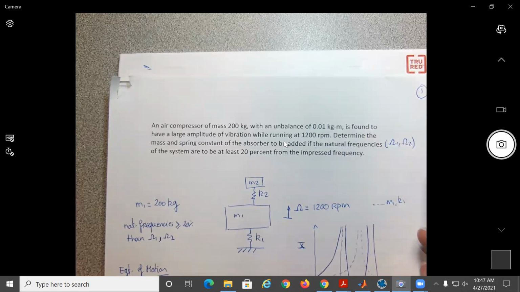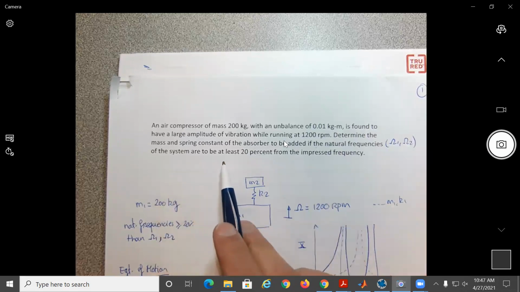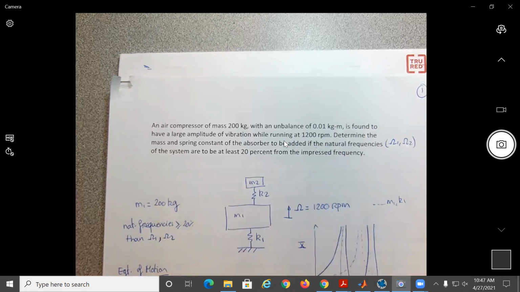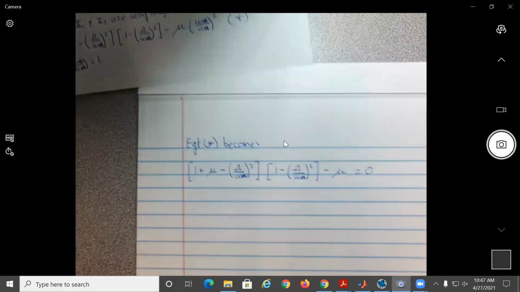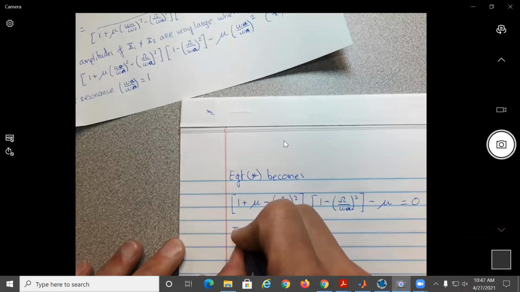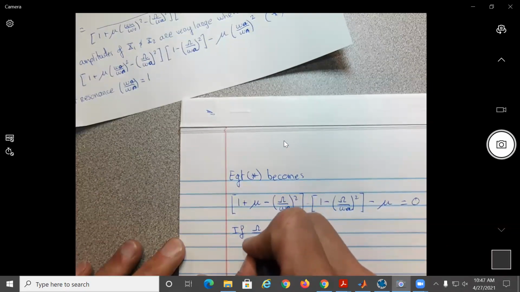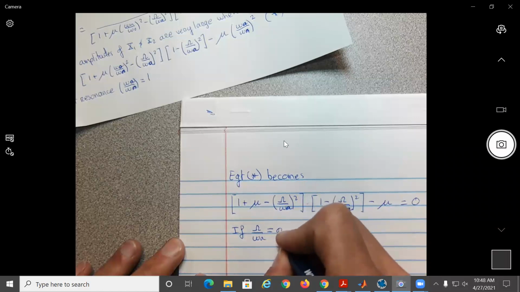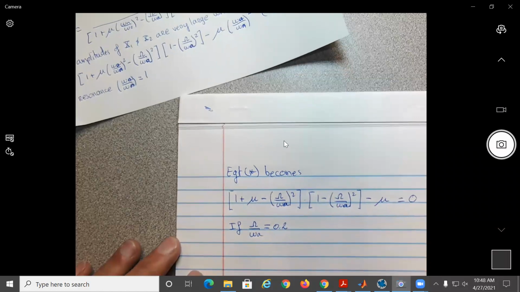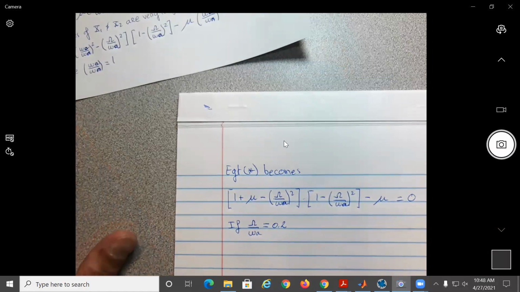So what does that mean? If capital omega over omega absorber needs to be equal to what? 20% will be 0.2, no?